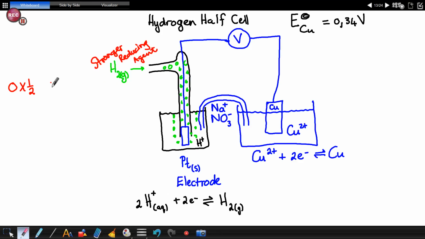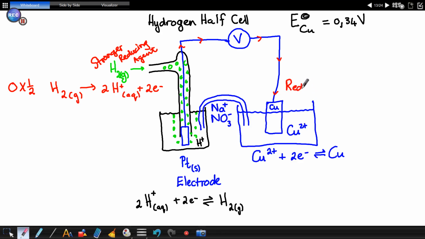So the oxidation half reaction here will take hydrogen gas and break it up into hydrogen ions, and it will give 2 electrons. So these electrons flow through the voltmeter and come to the copper electrode. What will happen there?